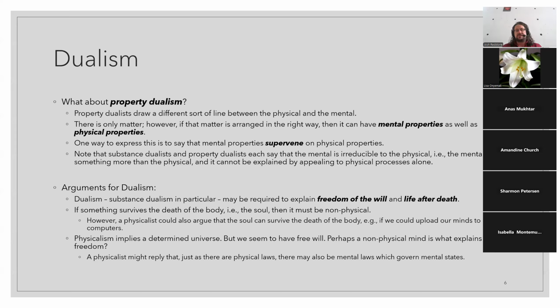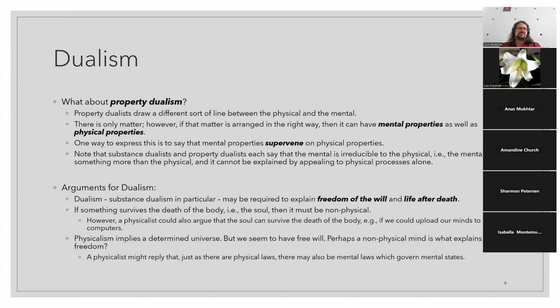I mean, if I'm ultimately a physical being, it might feel like I'm making choices for myself. However, that could be an illusion. I might just be a big fleshy meat robot determined by the laws of physics. But it does seem like we have free will. It seems like we make choices.